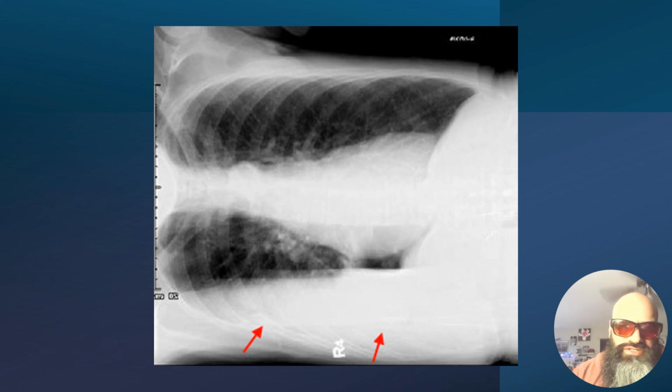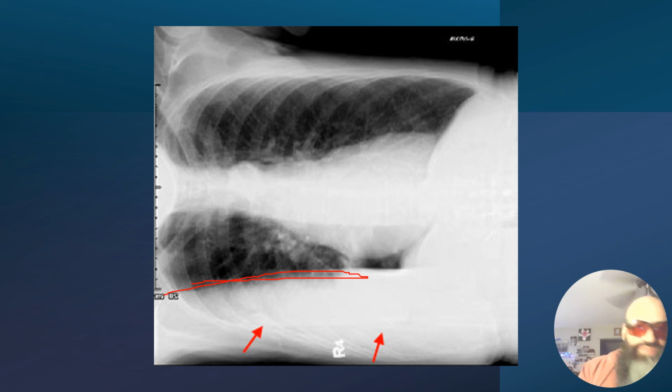So as I mentioned earlier, fluid tends to collect more at the base of the lungs due to gravity. So if you do suspect a pleural effusion or see findings consistent with what you're looking at now, go ahead and order a lateral decubitus view to confirm if that fluid is going to present itself in this situation where it completely fills up the rest of the upper lungs, and you have a clear line of demarcation here with an air fluid line located here.